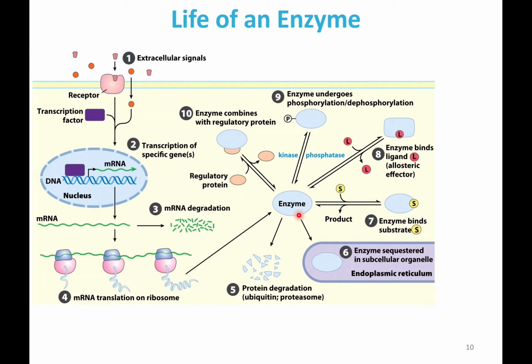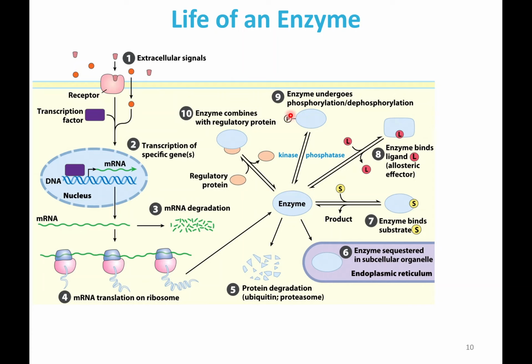So the act of putting it into that endoplasmic reticulum is a way to regulate the rate of the reaction that it can catalyze. Okay. The product binding with that enzyme is another point of regulation. An allosteric effector binding it can be a point of regulation.